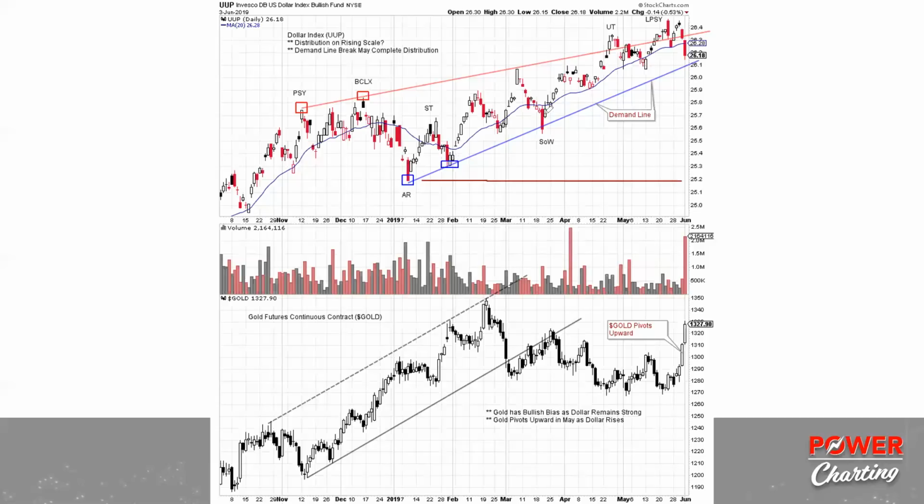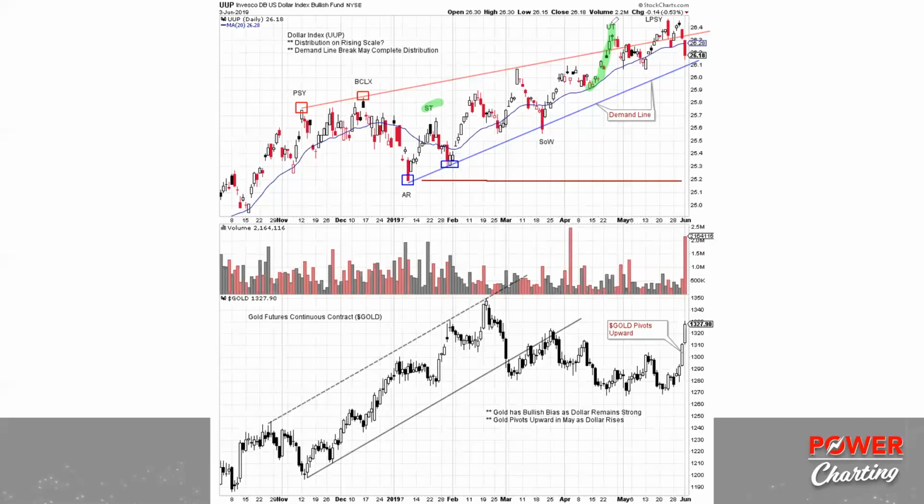We can see they're on a rising scale, and here after the automatic reaction and the secondary test, we see a large volatile trading range, which is classic phase B type behavior in distribution. And then notice the upward movement here, which has an accelerating quality to it and produces an upthrust.